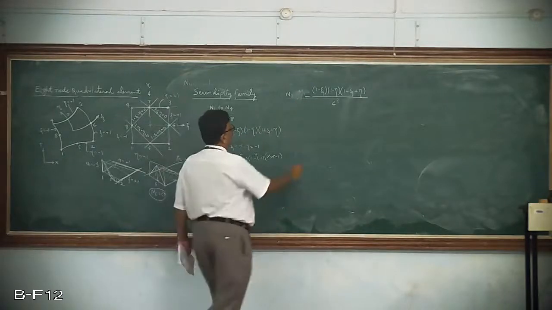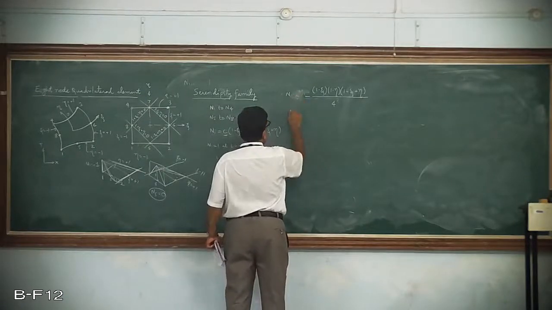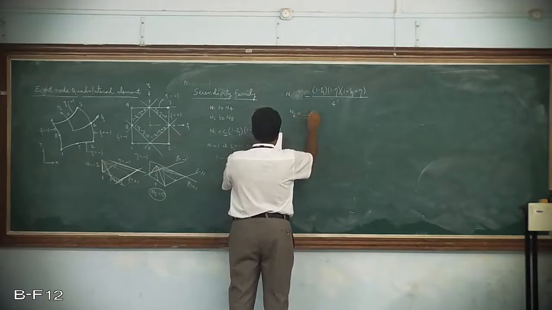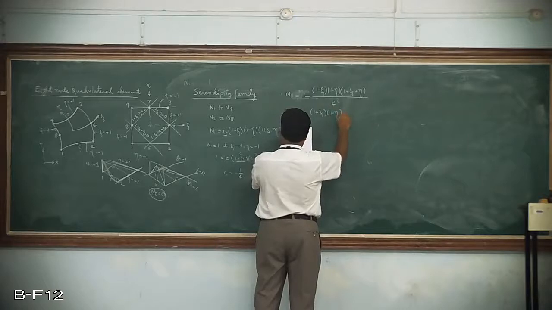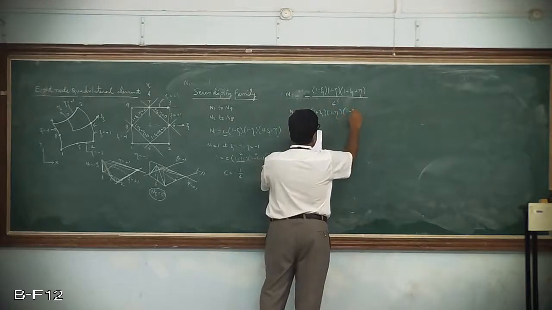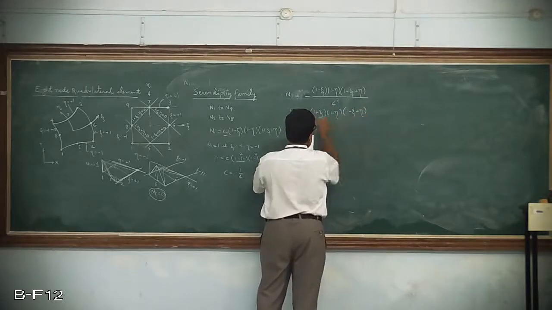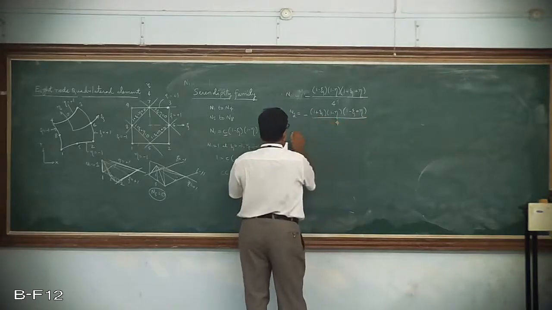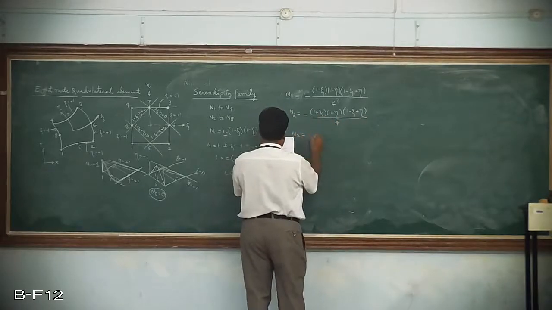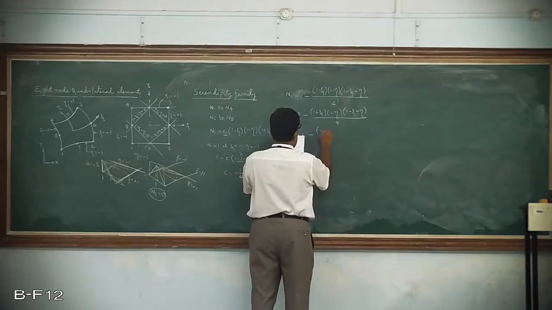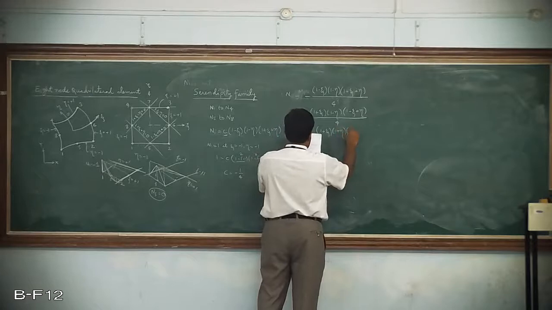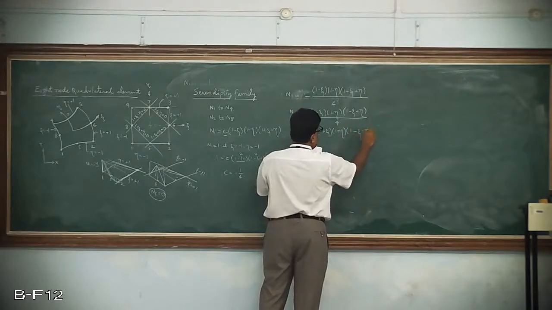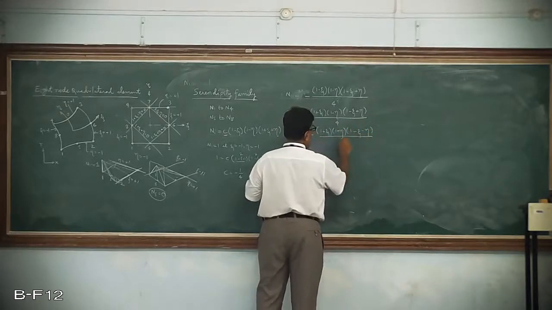In a similar logic, n2 will be defined as 1 plus zeta, 1 minus eta, 1 minus zeta plus eta upon 4. n3 is minus 1 plus zeta, 1 plus eta, 1 minus zeta minus eta upon 4.